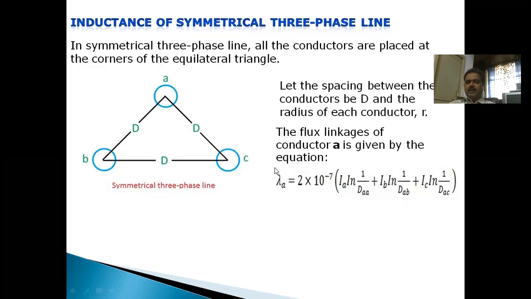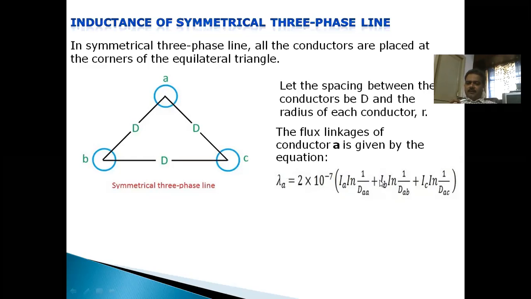I want to calculate the flux linkages in conductor A. Flux linkages in conductor A means flux linkage due to current passing through this conductor, that is I_A into ln 1 by D_AA. This term indicates the flux linkages in conductor A due to current passing through this conductor.